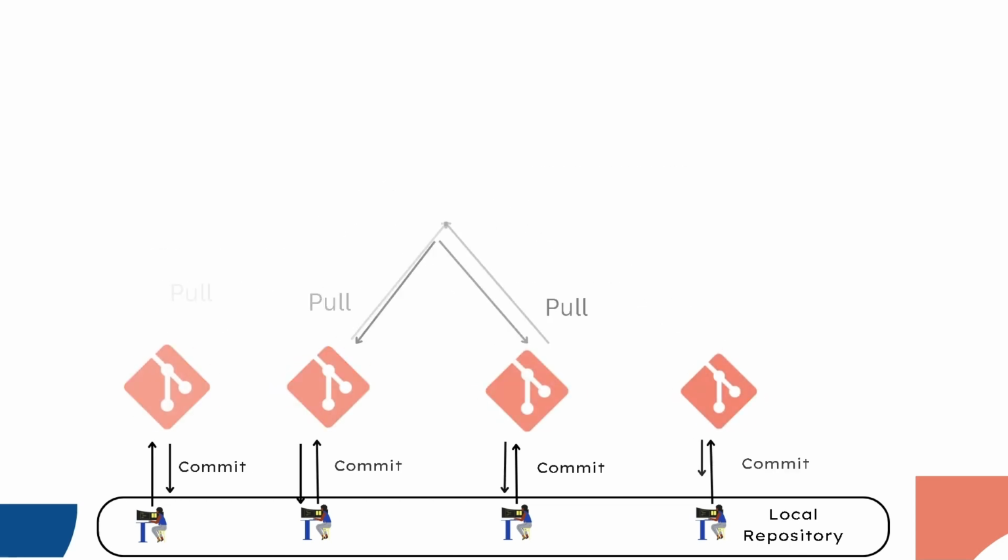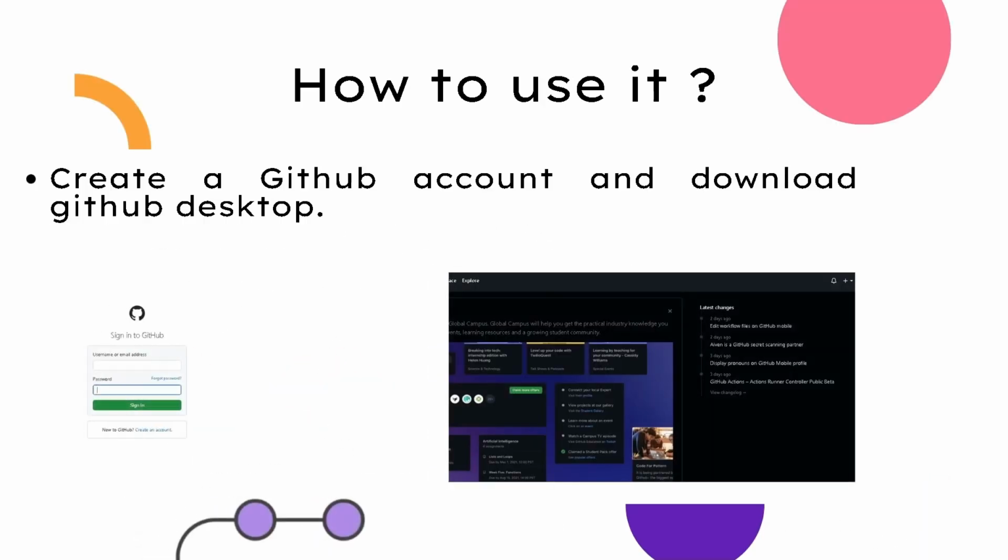So moving on to the next, how to use GitHub. Before using GitHub, you should have a GitHub account. You need to download GitHub Desktop. Basically, I'm going to explain this GitHub topic with the help of GitHub Desktop. There are multiple ways in which you can use GitHub.